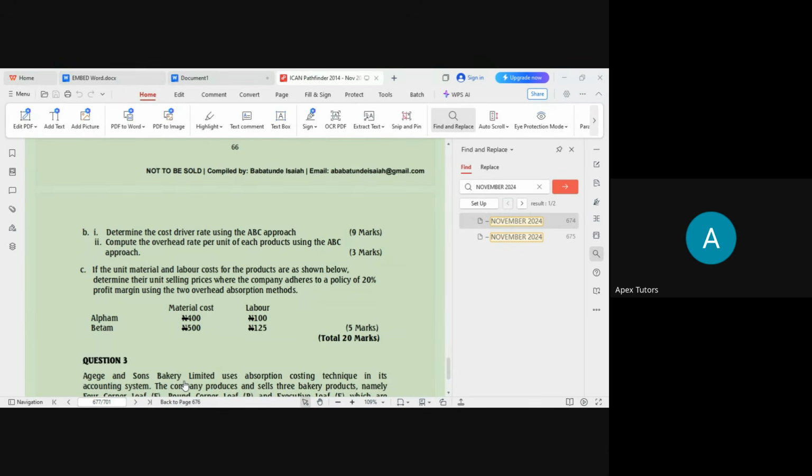Now, in this question, talking about materials in relation to batches, there is no point here. Material handling cost, number of batches, separate materials issued by batch. There is no point here.